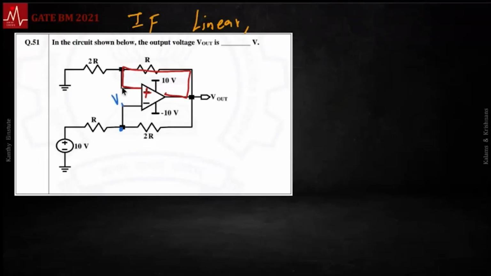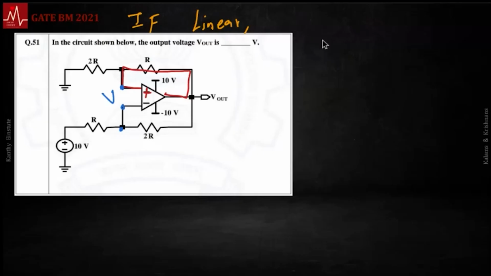Really, these two are virtually grounded, and these two voltages are virtually shorted. So that is V. You have the current through the non-inverting terminal.